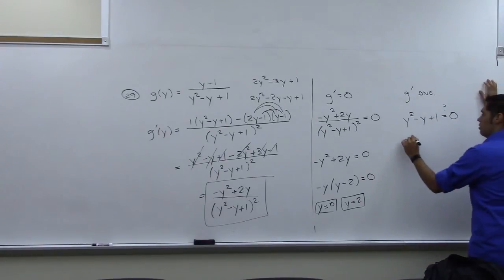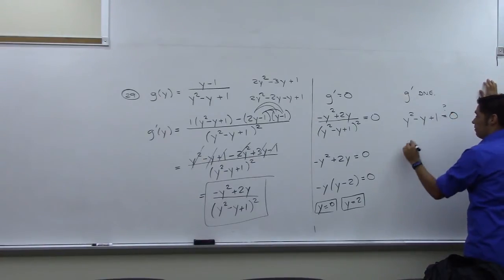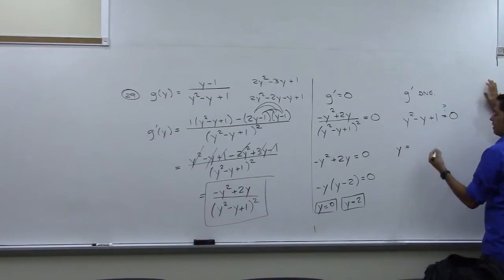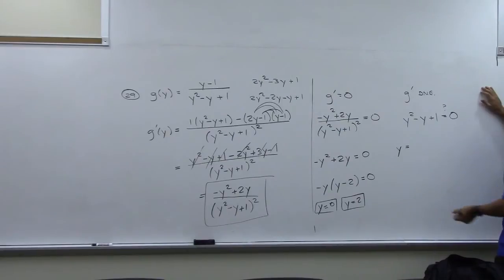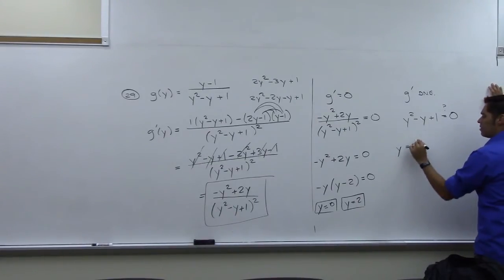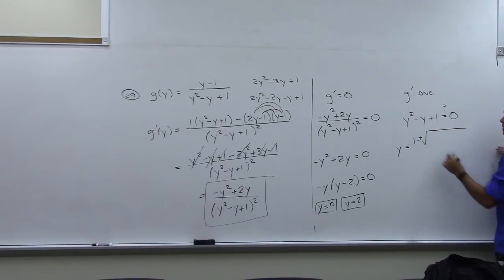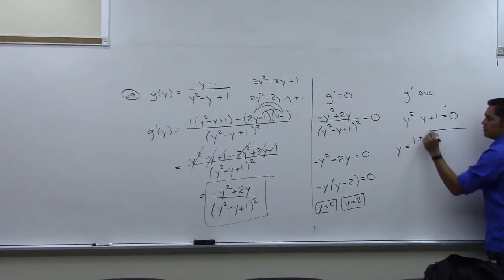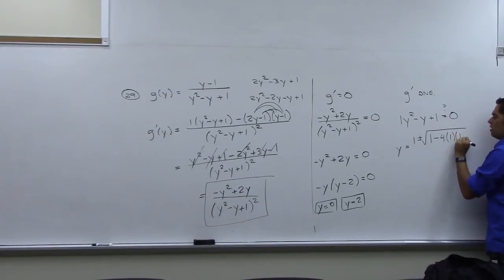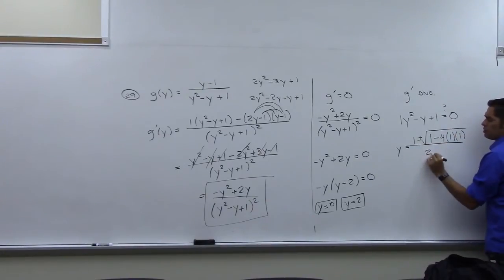So what I'm going to do is just see if I can solve this. I'm going to use the quadratic formula. So negative b plus or minus square root b squared minus 4ac all over 2a, that same formula. Negative b here is going to be 1 plus or minus square root, and this is the most important part. B squared would be negative 1 squared minus 4 times a, which is 1, times c, which is 1, and then all over 2 times 1.